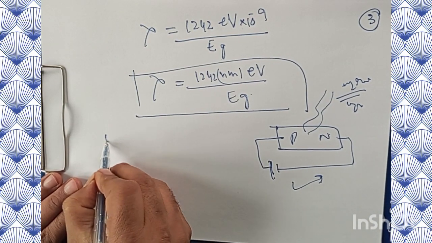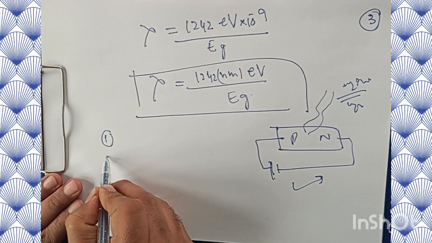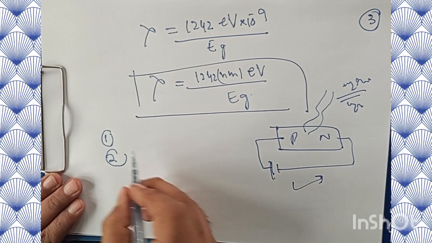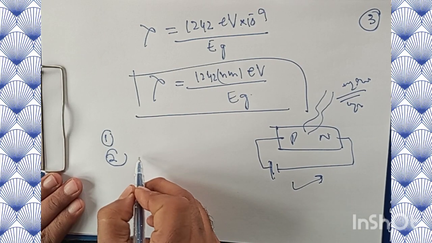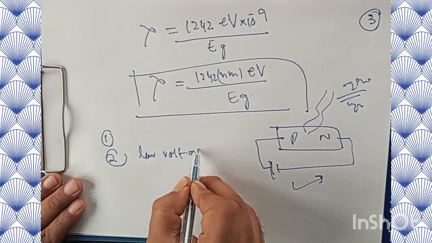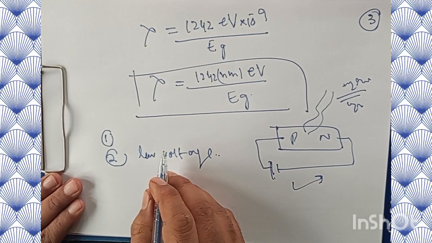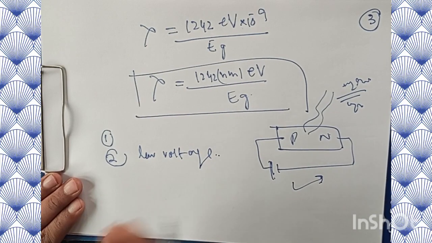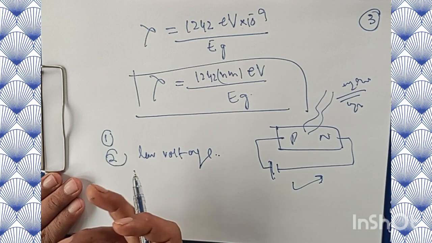That should be the point number one. And point number two should be that these LEDs work at low voltages. So you don't need a lot of voltage for them, right? As compared to the incandescent bulbs that we used to have in the past. I remember the bulbs having those filaments.